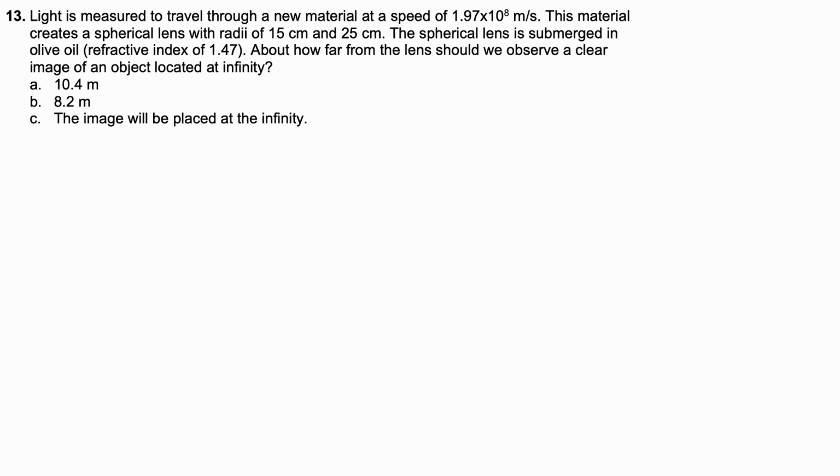The final multiple-choice question that we're going to solve in this video is number 13. They tell us that light travels through a new material at a speed of 1.97 times 10 to the power 8 meters per second. This is the material we're going to use to create a spherical lens.